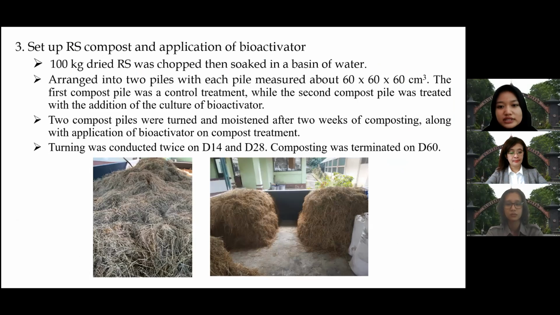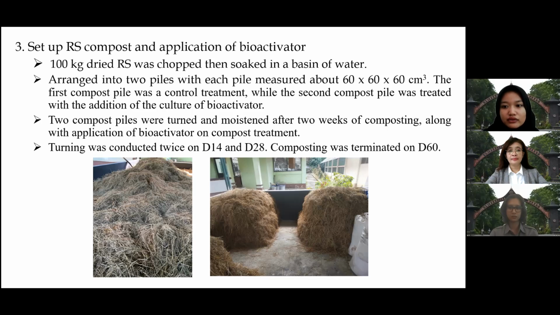The next step was setup of rice straw compost and application of bioactivator. A total of 100 kg of dried rice straw was soaked in a basin of water and arranged into 2 piles. The first compost pile was a control treatment, while the second compost pile was treated with the addition of bioactivator. After 2 weeks of piling, the 2 compost piles were turned and moistened. At this first turning, the bioactivator was applied.